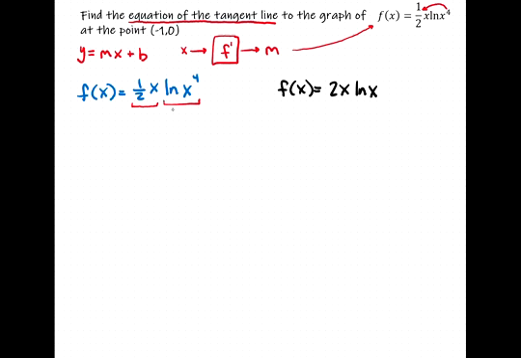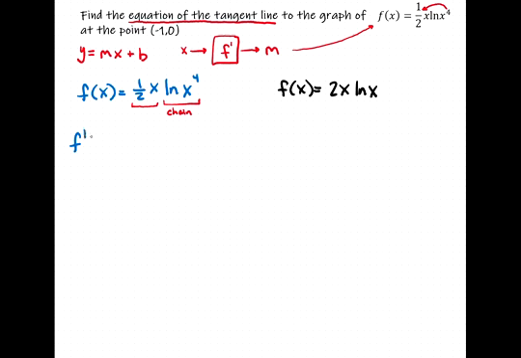And we're going to have to apply the chain rule for that natural log portion because we have this composite function, the natural log of x to the power of 4. All right, so let's apply the product rule first because it applies to the entire function, and then within the product rule, we're going to be using the chain rule.